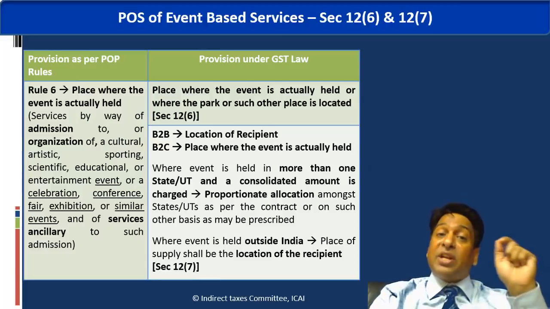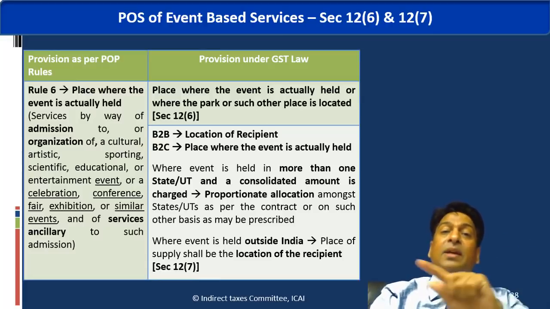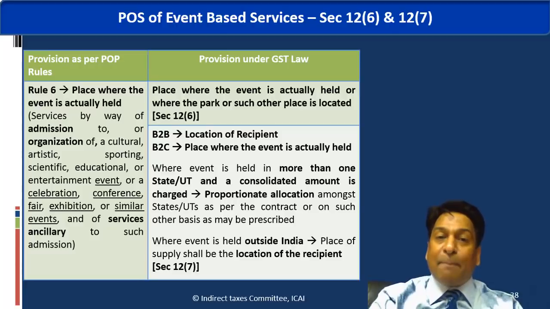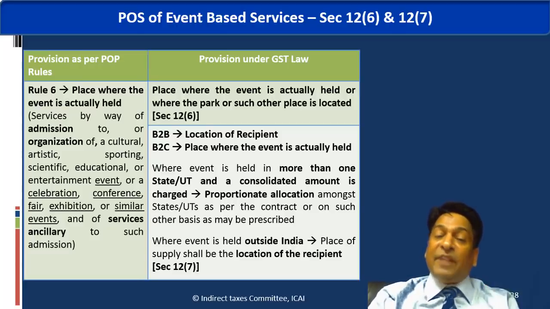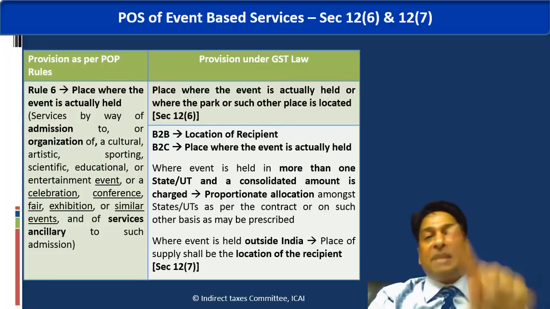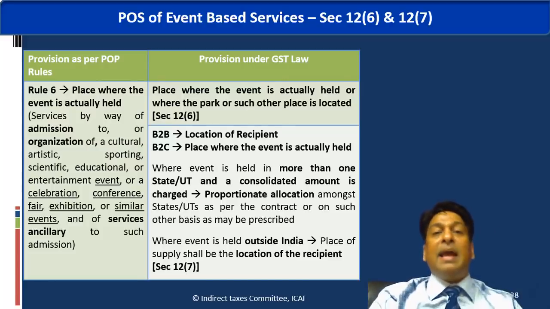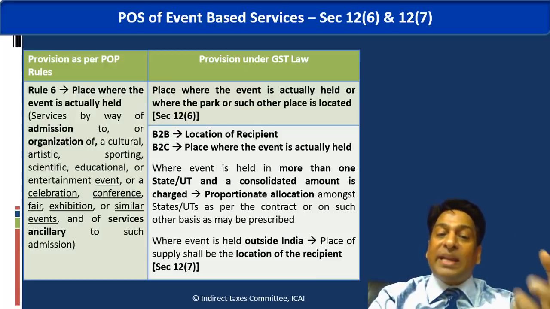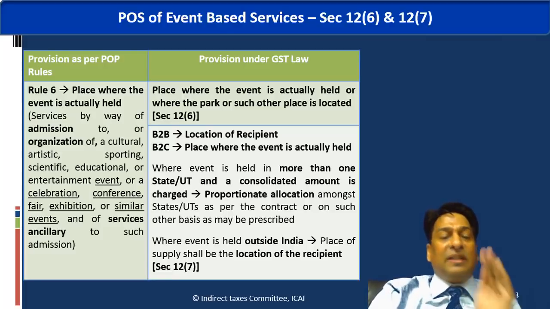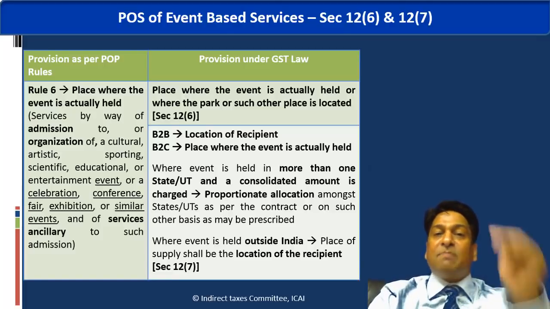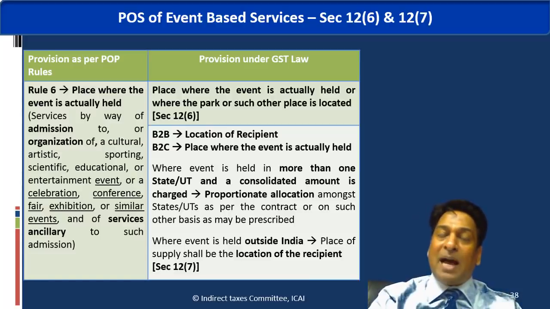For organization of such events, 12 subsection 7 is applicable. The place of supply says if it is B2B, then the location of the recipient is the place of supply, and if B2C, the place where such event is actually held. That is the broad definition and provision pertaining to place of supply.